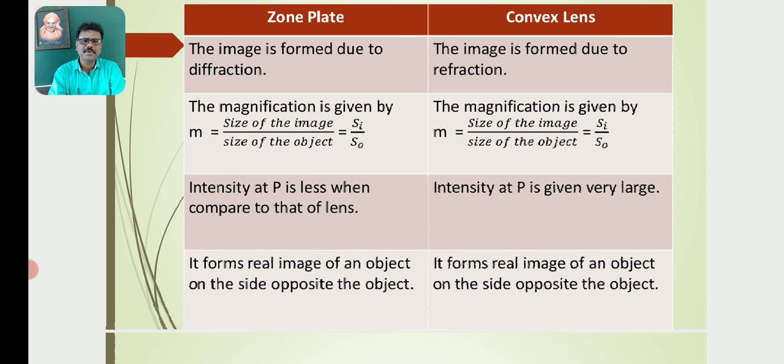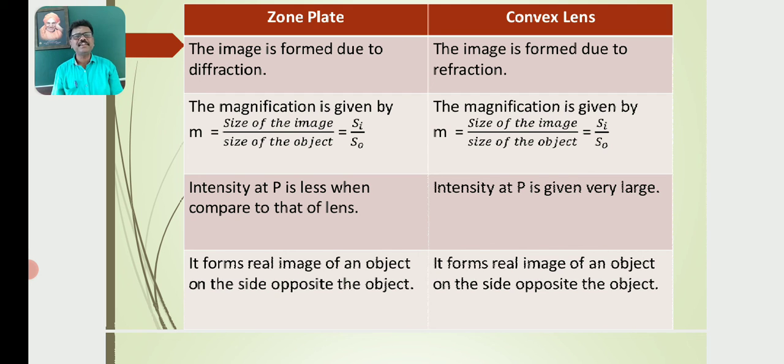In case of a zone plate, the intensity at P is less when compared to that of a lens. The intensity at P is very large in a lens when compared to a zone plate. That means the intensity at point P due to diffraction in case of a zone plate is very less, while the intensity at point P due to refraction in case of a convex lens is very large.